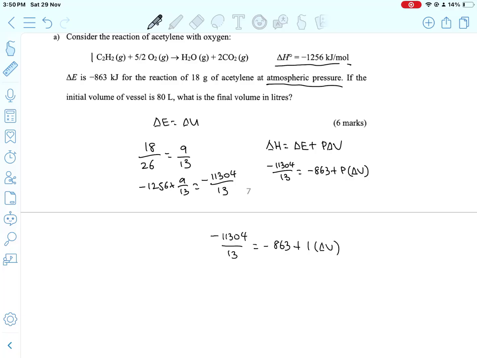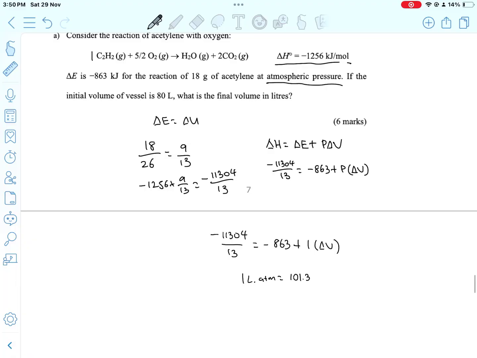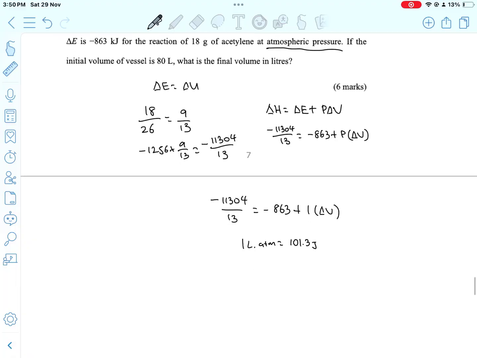So you have to convert kilojoules to joules, then convert it back to liter-atmospheres. And 1 liter-atmosphere is 101.3 joules. So to convert from kilojoules to joules, you times 1000 lah. Then after that, you divide by 101.3, yeah, to get your liter-atmospheres.